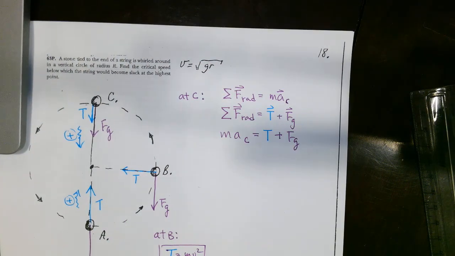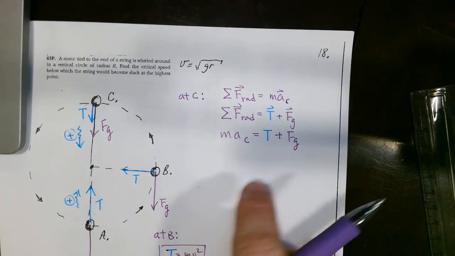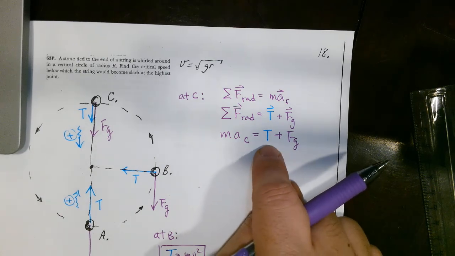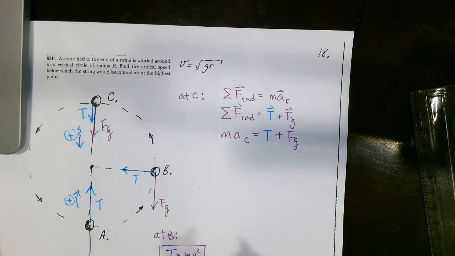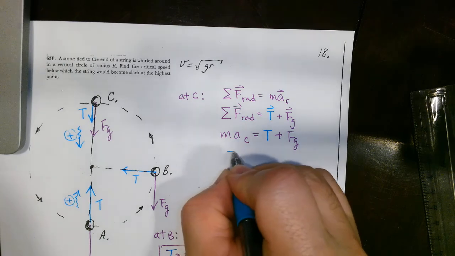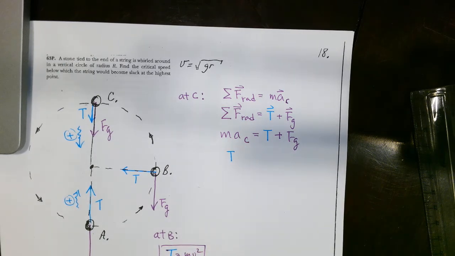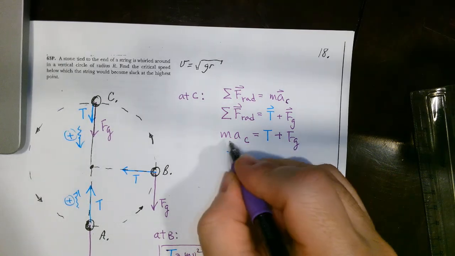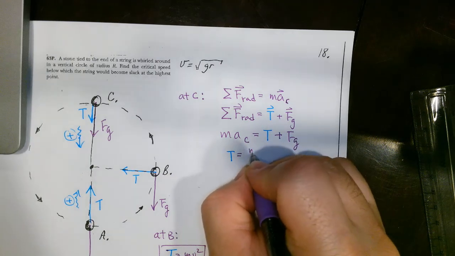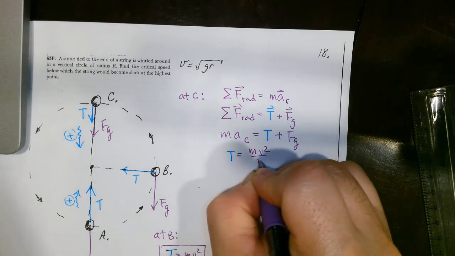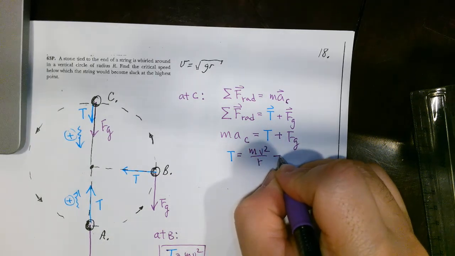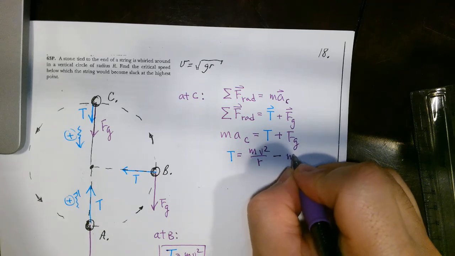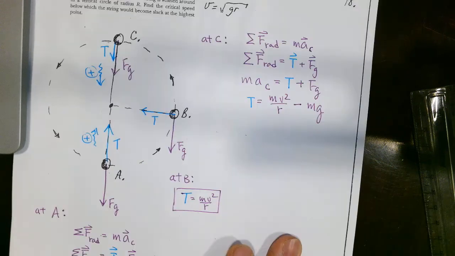So they're both positive. If I solve for tension here, my tension is equal to mv squared over r minus mg. Okay?